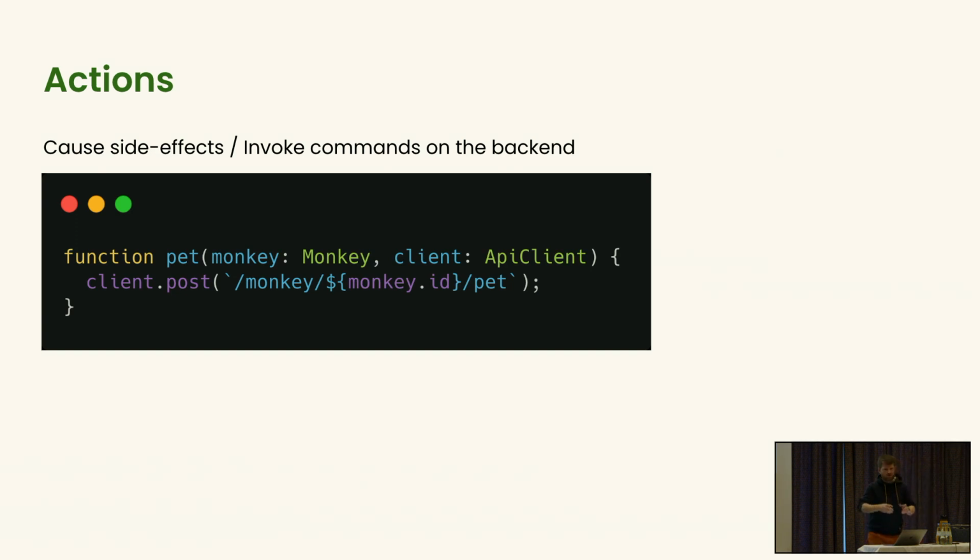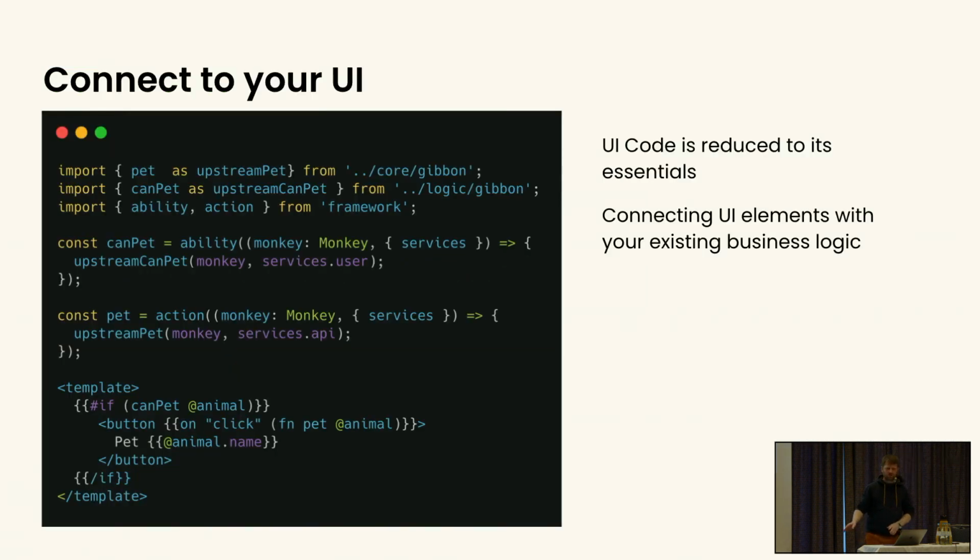So now we build up an inventory of questions, abilities, and actions, and we can use them to connect this to our UI. You don't need to understand the entire code, but on the top part is where we import the actions and the ability.